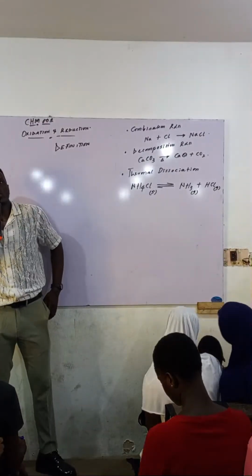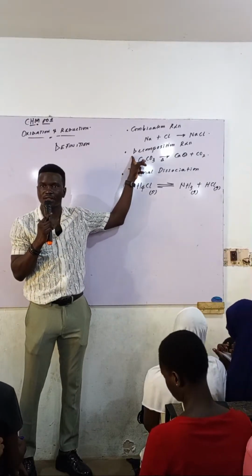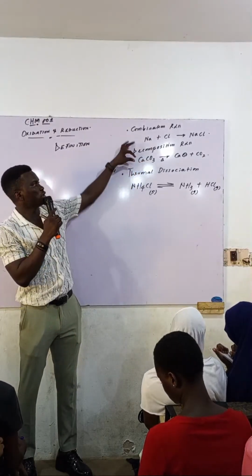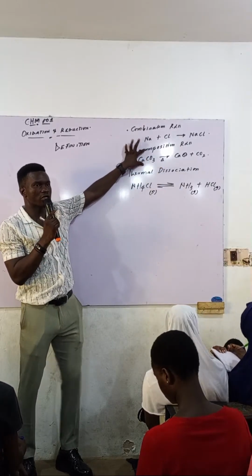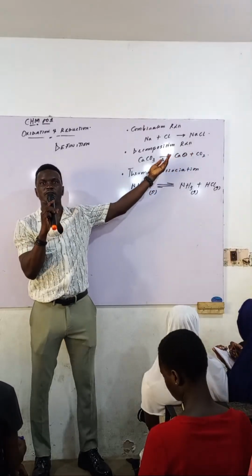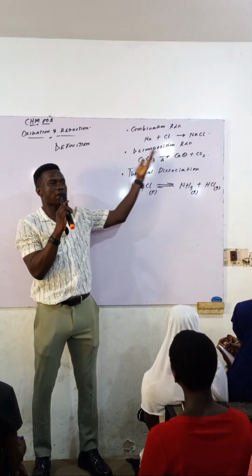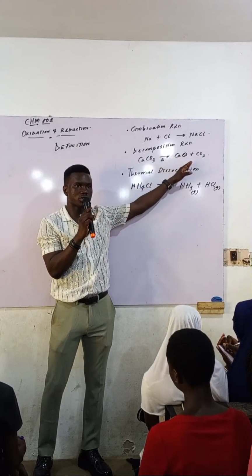The difference between these two, thermal dissociation and decomposition, is that in decomposition, you heat a compound. When the compound breaks down, it gives you two or more compounds. It is not something that you can easily reverse. So that is what we call decomposition.